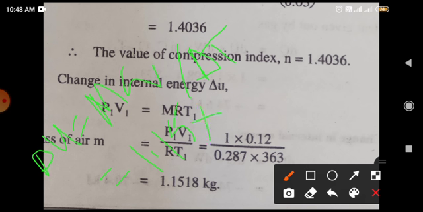Mass into Cv, which is 0.718, given in the formula, and then T2 minus T1. As we have calculated, the temperature was about 632 minus 363.